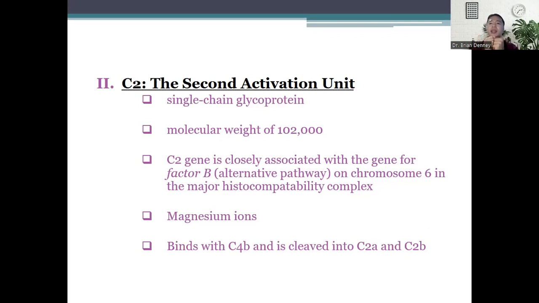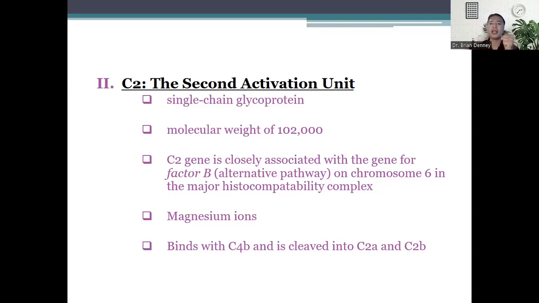C2a, being the larger fragment participating in the cascade, binds itself in the presence of magnesium ions with C4b, forming a complex we call C4b2a.